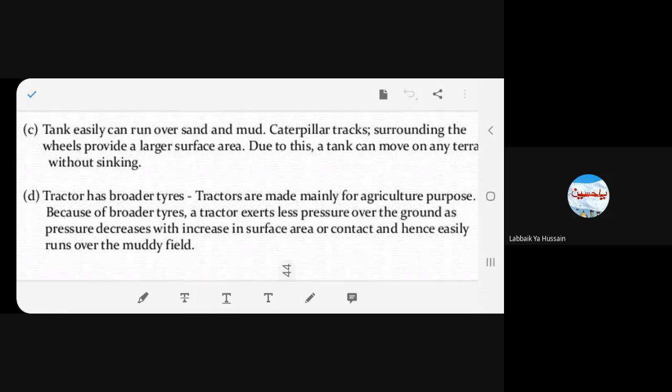So when it is giving less pressure on the ground, it runs over even the slippery field or the muddy field, which is a soft field. And the tires don't sink in the muddy ground. You know that muddy grounds are very soft. So it has got lots of weight. The tractor should sink in the ground. But why is it not sinking? Because of the tires, which are very, very wide and big. That's the reason why it does not sink in the muddy ground.